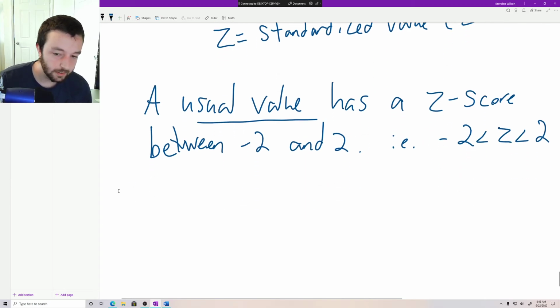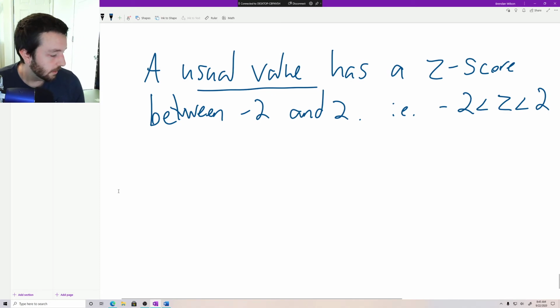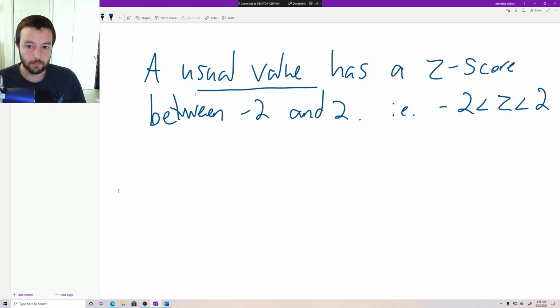That's for a usual value. So an unusual value would be somewhere outside of this range. And as the name implies, the usual values will be more common. The unusual values will not. But like I said, I don't really want to go too much into it. There's not a lot to talk about with it. Just be aware that it exists.